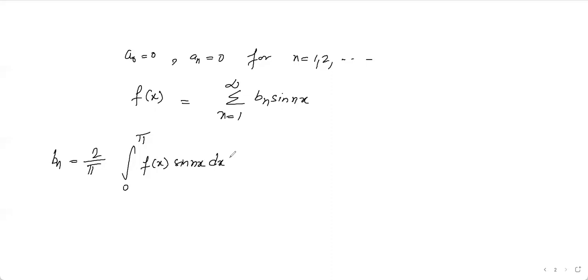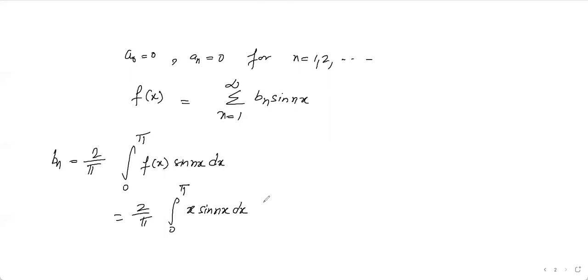Now the given function, which is an odd function, is x. Let us substitute that here. So this will be 2 by pi integral 0 to pi x sine nx dx.